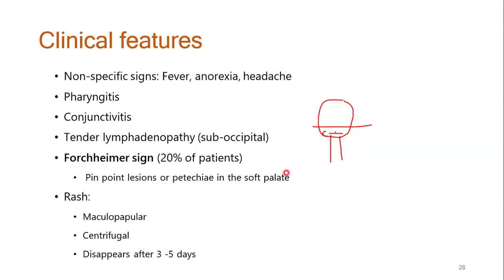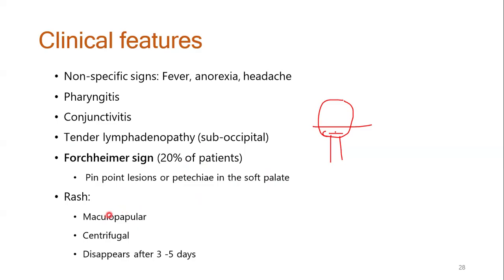So you start with the hard palate, then the soft palate. So you'll see some lesions there, or petechiae. Don't confuse this with Koplik spots. Koplik spots for measles are found in the buccal mucosa, if you bring your tongue to the side of your mouth. That is where Koplik spots will be found. But Forchheimer's sign is found in the soft palate.